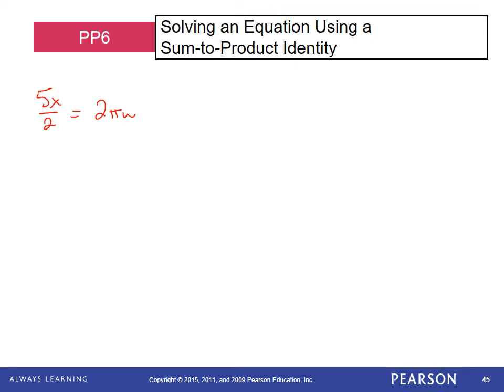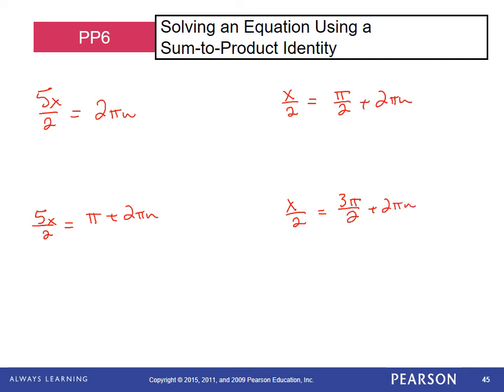Yeah, just let me list all of them here just so I have them. So 5x over 2 is equal to pi plus 2 pi n. Then we have x over 2 is equal to pi over 2 plus 2 pi n. And x over 2 is equal to 3 pi over 2 plus 2 pi n.